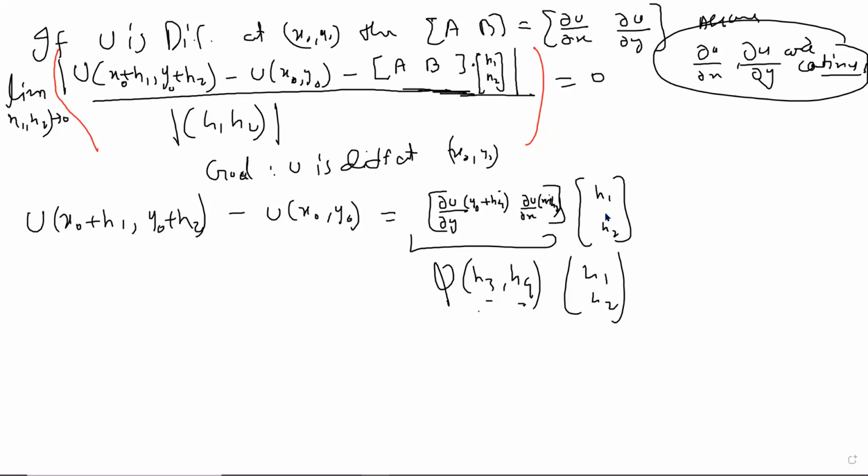Because we have applied the mean value theorem, you will get a value in between. When you take the difference and you take the derivative, it will be at some value which might be in between.